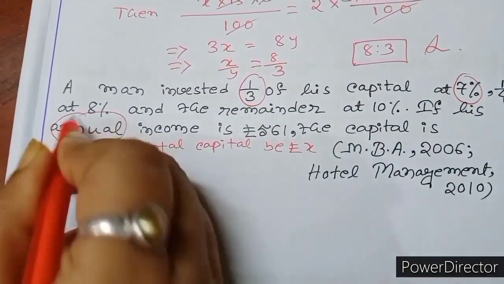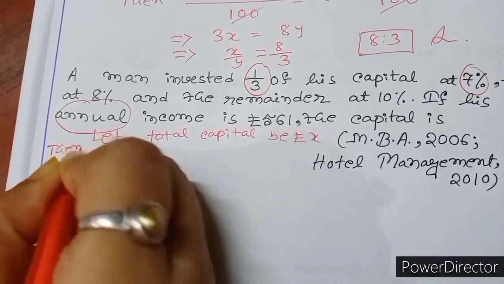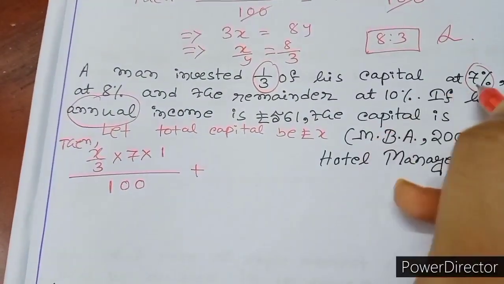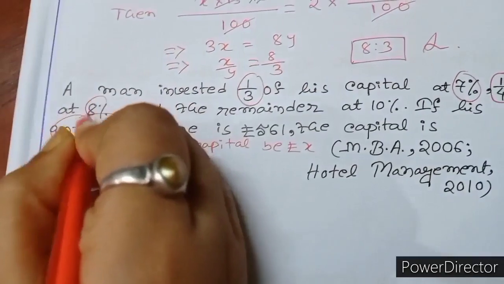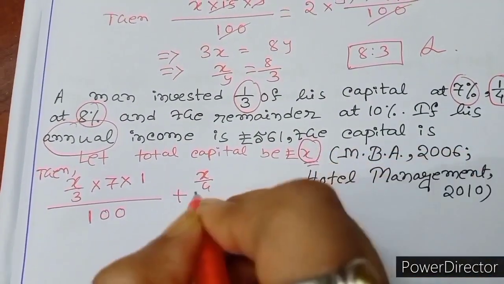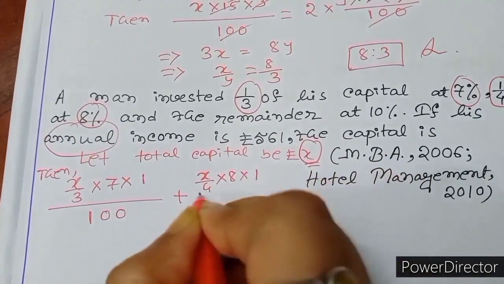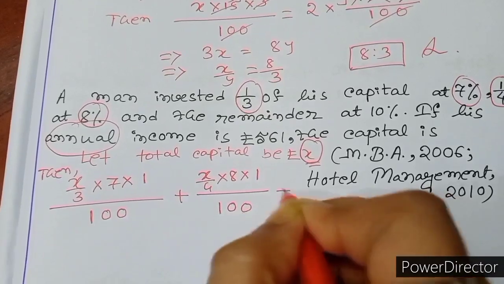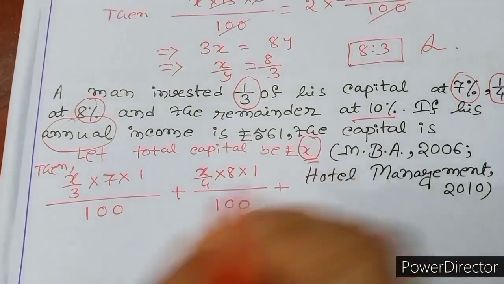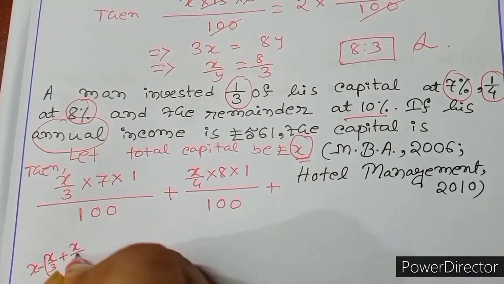Here annual means 1 into 1, by 100, plus 1/4 at 8% means X by 4, total capital X we assume, into 8, 8 into 1 by 100, and the remainder at 10%. Remainder means total capital X minus X by 3 plus X by 4.